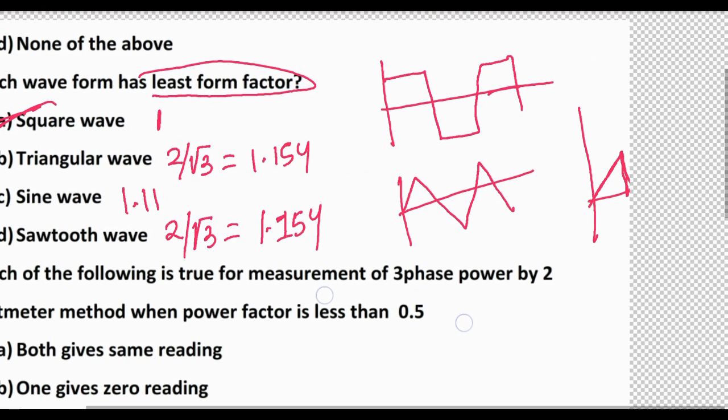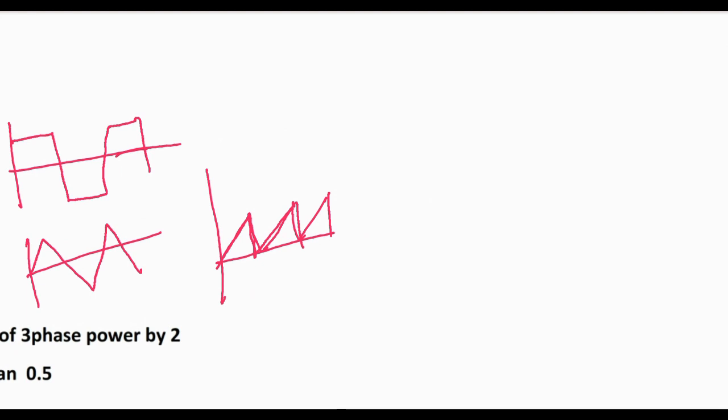And there are also the unsymmetrical waves. Here I am considering all the symmetrical waves. What are the unsymmetrical waves? This is an unsymmetrical wave, that means a half wave rectified square wave.